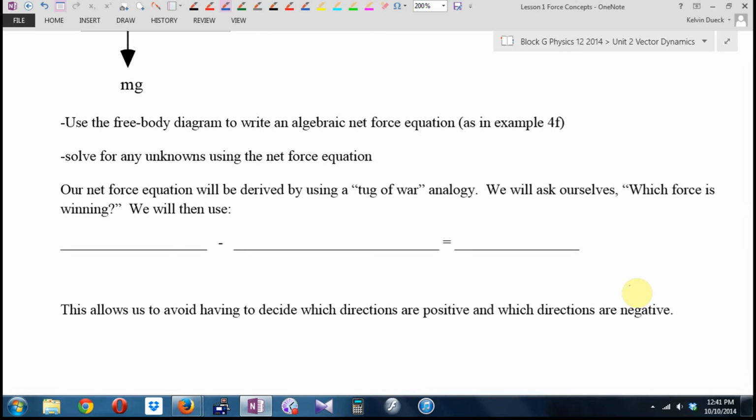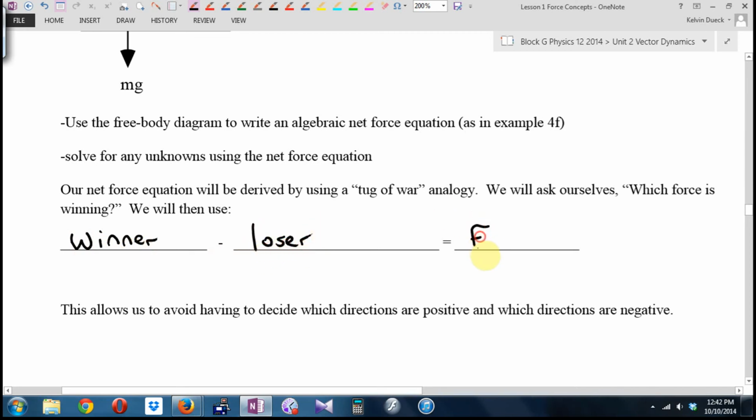We're going to solve our net forces by using a tug-of-war analogy. We will ask ourselves, all right, which force is winning? And we're going to say, winner, take away loser equals F net. Although we'll start to take shortcuts, Jordan, because F net is always just going to be ma, because that was Newton's second law, F net equals ma.